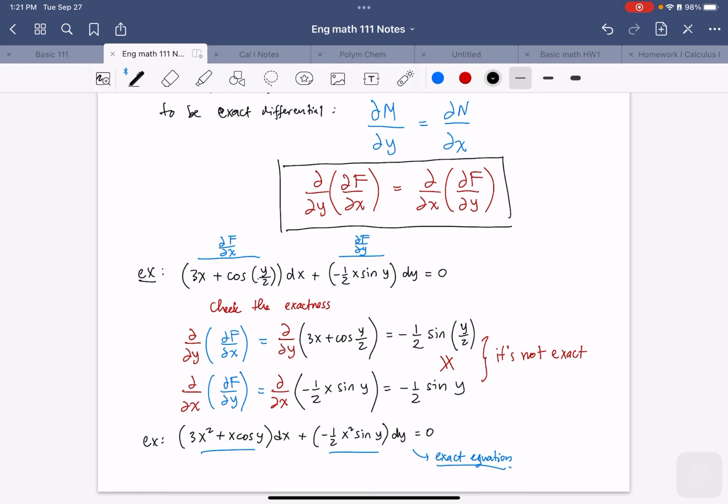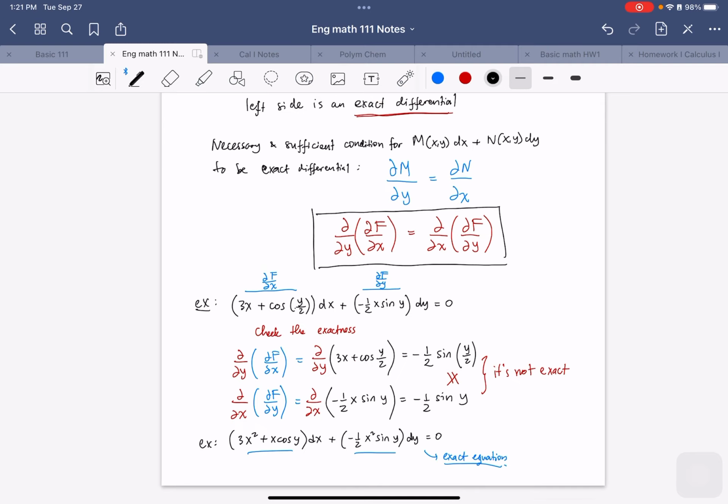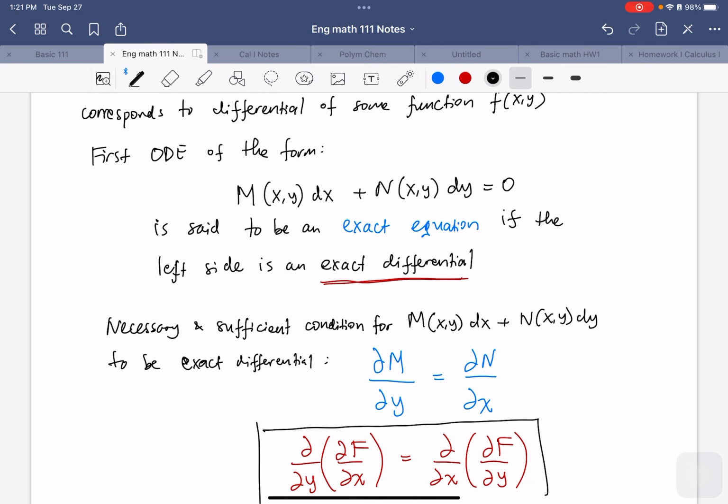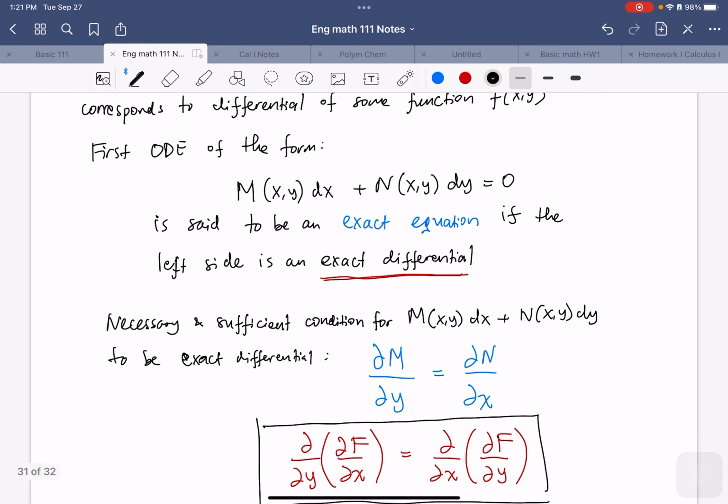Now let me start the lecture from these exact equations. Exact equations: if we have this kind of equation that has a function of two variables x, y, and it has the dx and dy on both sides. In the left side's equation, we say that it is an exact equation if this M and N are exact differentials.